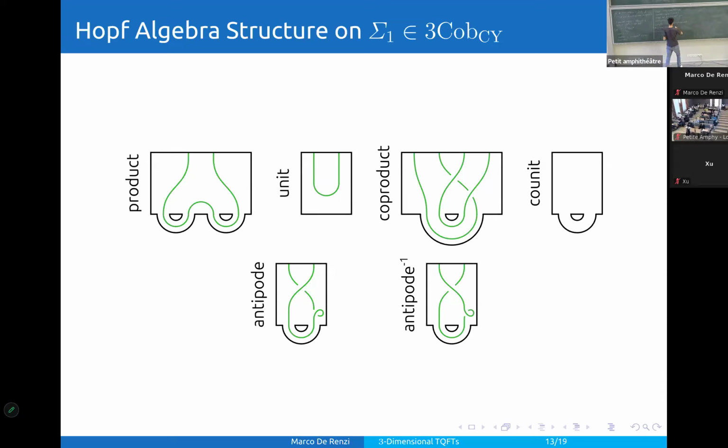Okay, and C is semisimple, and I choose a set of representatives of isomorphism classes of simple objects of C. Then the end is going to be this object.